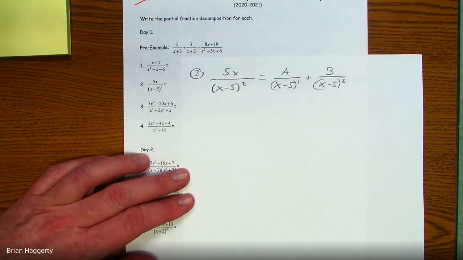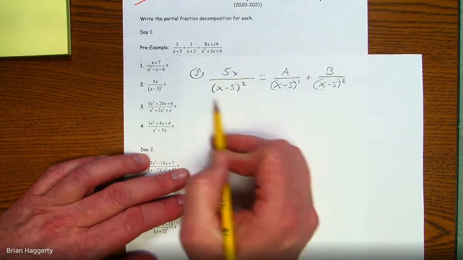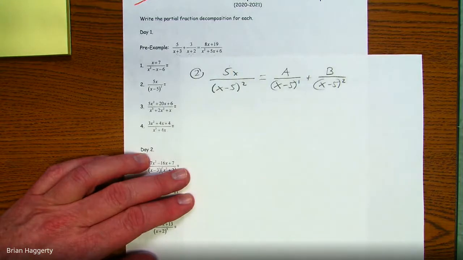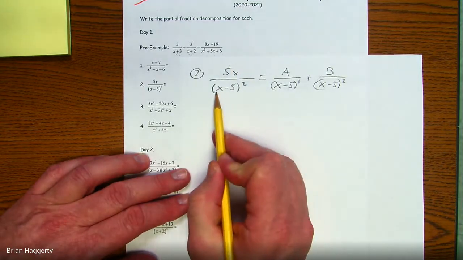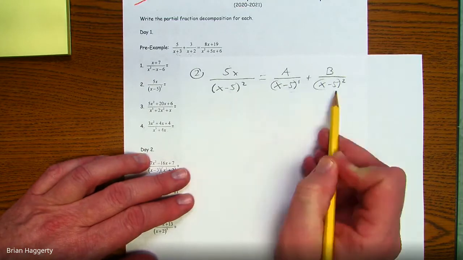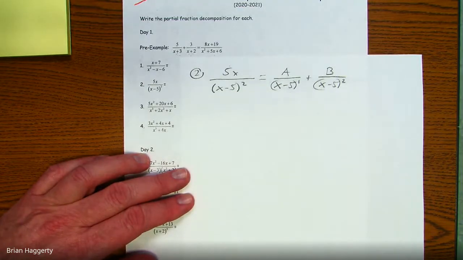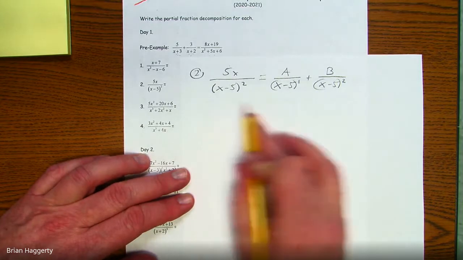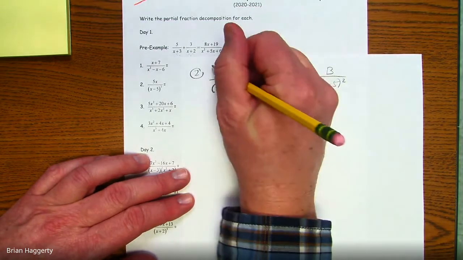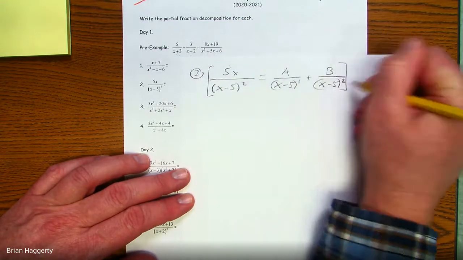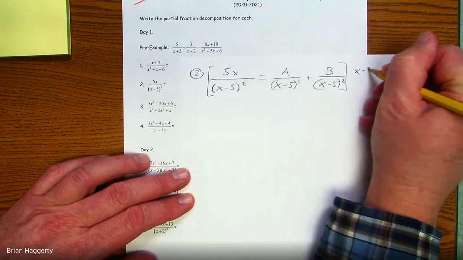So big picture recap, we want to take this fraction, write it as a sum or difference of smaller individual fractions. How this factors on the bottom determines how we split it. So distinct linears was the last example. Repeat linears is this example. Okay, regardless of how it got to here, the next move is we're multiplying through by the common denominator.